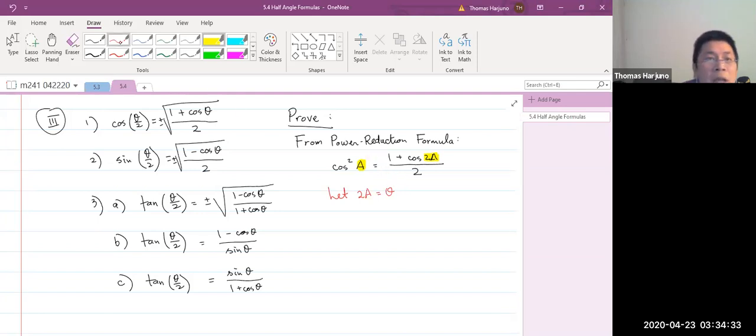Therefore, we can say that A is equal to theta over 2. Okay, now let's rewrite that. Then it will be cosine squared theta over 2 equals 1 plus cosine theta over 2.